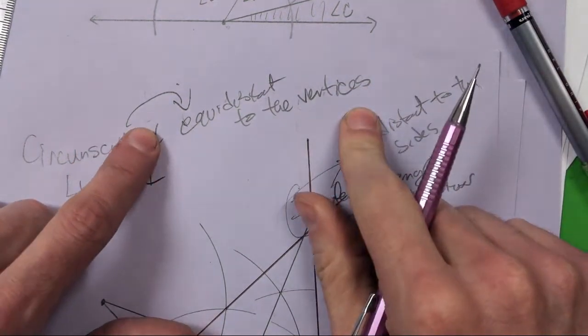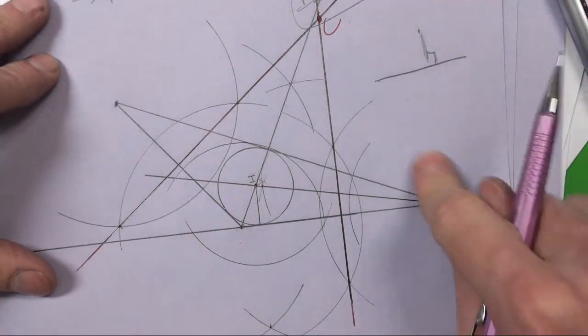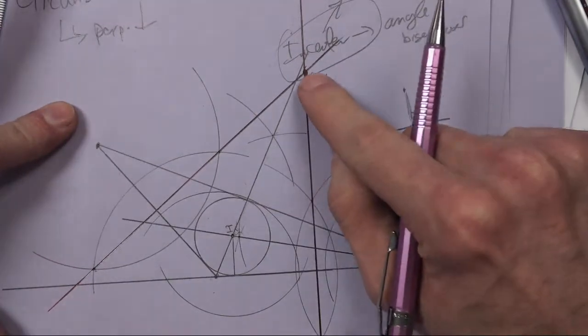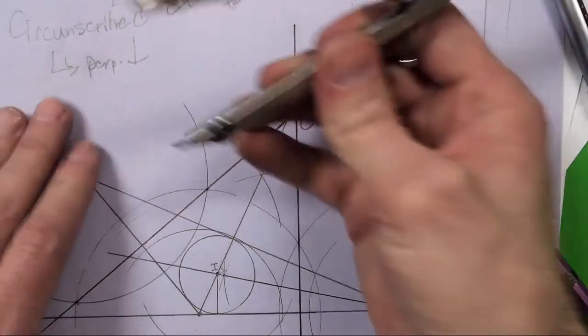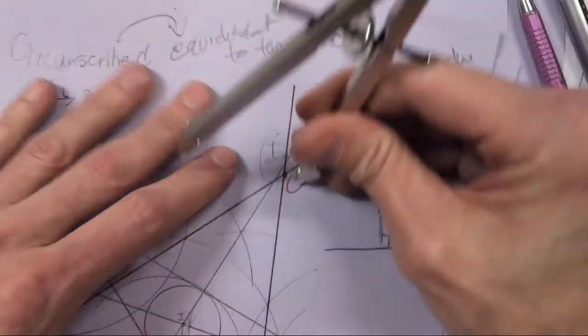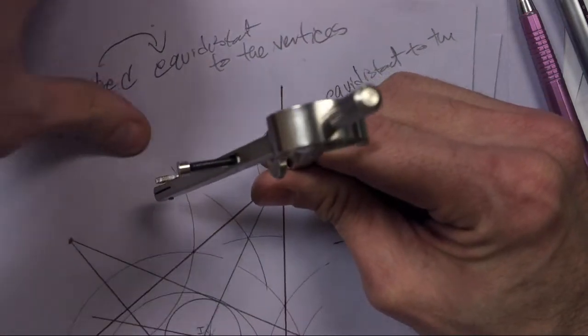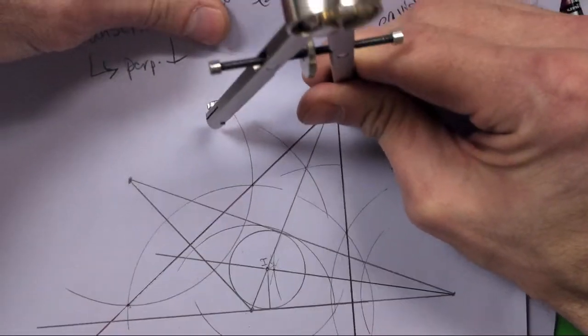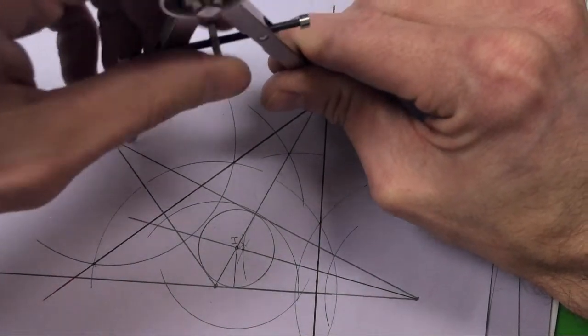And since it's the same distance from the vertices, that is going to allow us to draw a circle that's going to touch each of those vertices. The distance from C to any one of those vertices is just the radius of that circle. So I'll put the point of my compass at point C and pick one of these vertices to stretch my compass to.